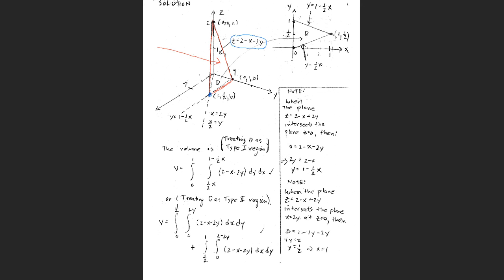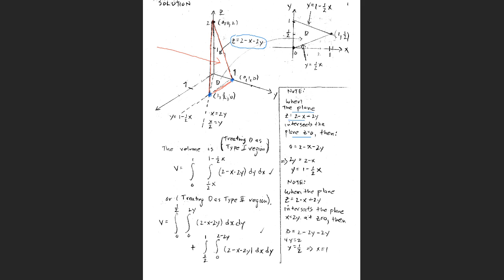How am I getting these two points of intersection here? Well, those two points of intersection are where that oblique plane intersects the plane z equals 0.